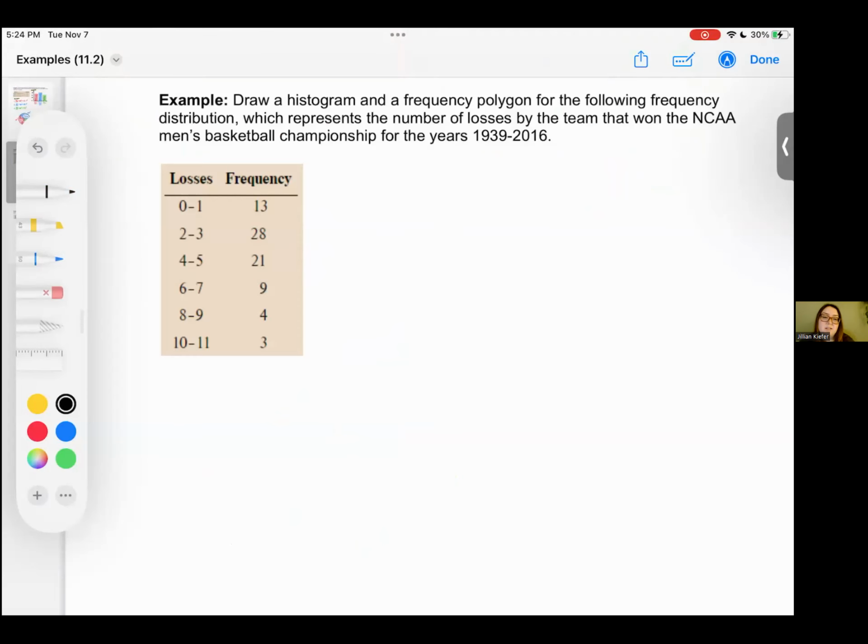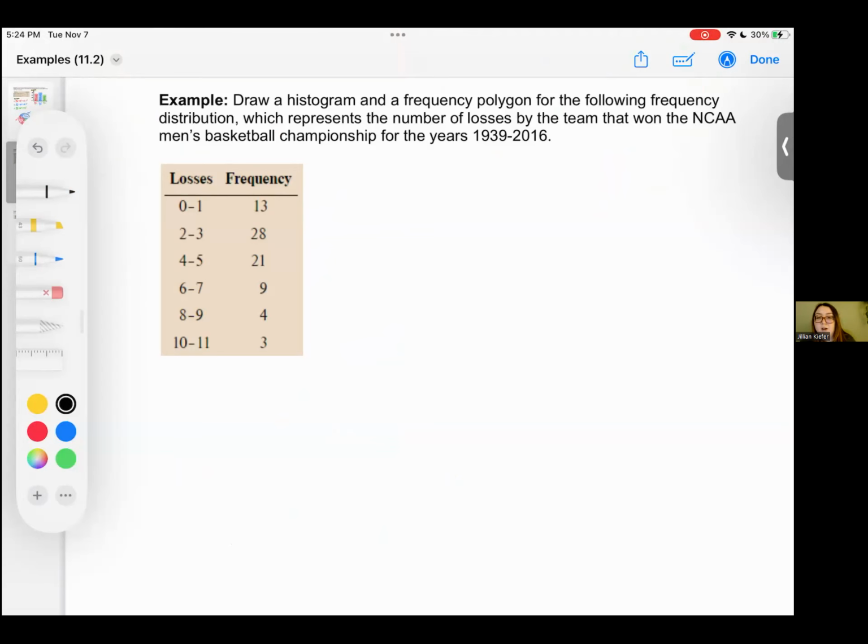Considering our losses and their frequencies, when we draw our histogram we want to make sure we have enough values to take the frequencies and enough values to take the number of losses. For example, our highest frequency is 28, so we want at least 28 places to notch on our y-axis.